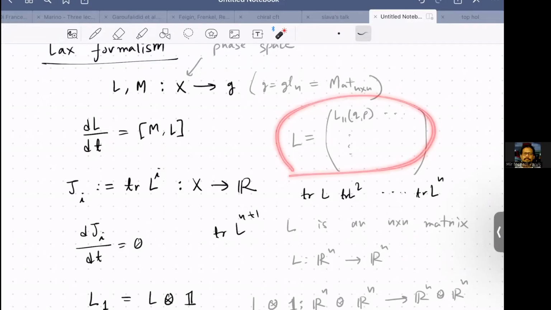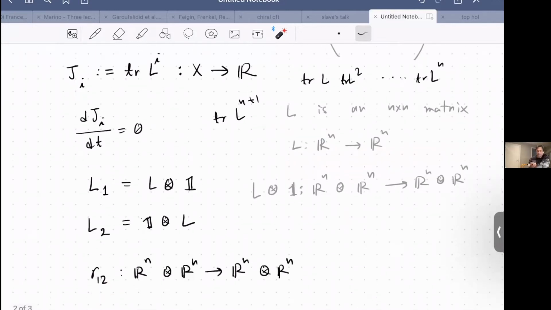This is research material. If I give you some random dynamical system, even to figure out whether such an L exists is a challenge. There's no general prescription for doing that. But if you can find such an L and such an R, then you know that you have an integrable system.